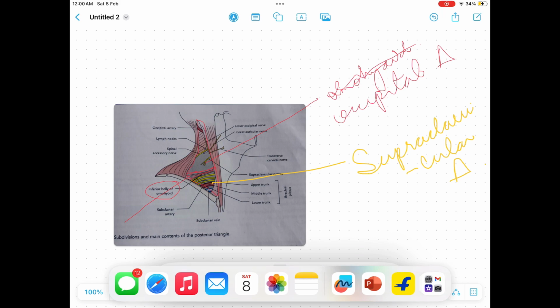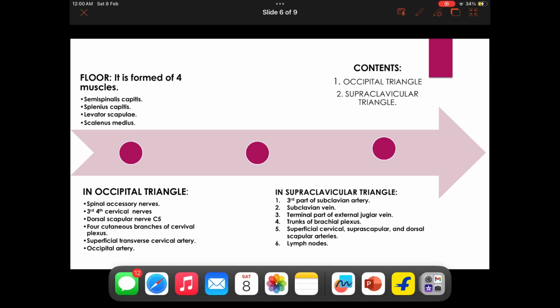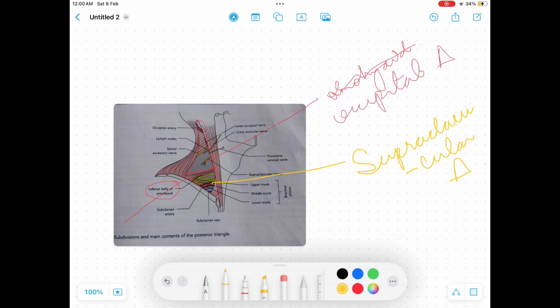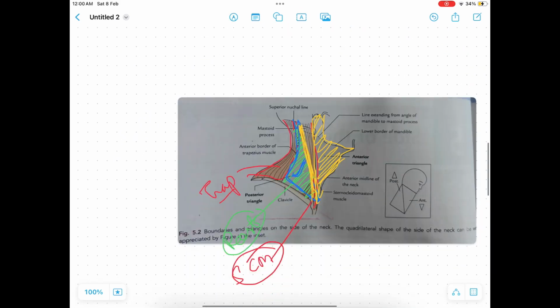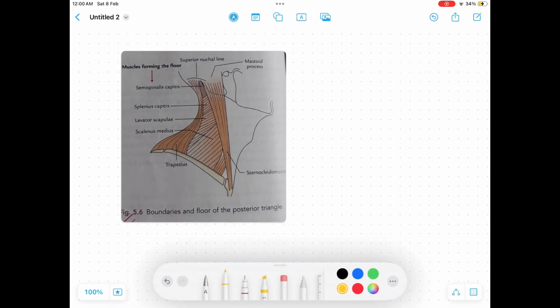Now let's get into the PPT. The floor is formed by the four muscles. I'll show you the muscles in the figure. The first muscle is the semispinalis capitis. As you can see, this is semispinalis capitis. Then splenius capitis.